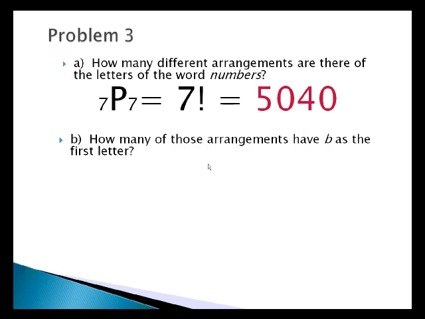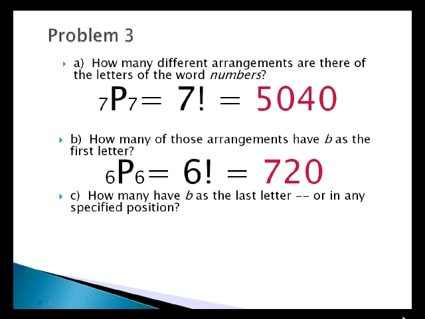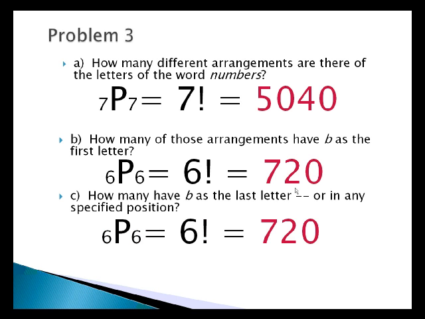So what is 6 factorial? 720. All right, how many have B as the second letter or the last letter or in any specified position? 720. Doesn't matter where it is, but it's a restriction in which we only have 6 other letters to arrange. So it'll still be 720.